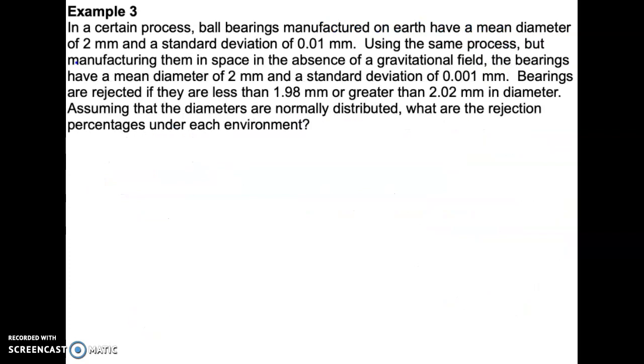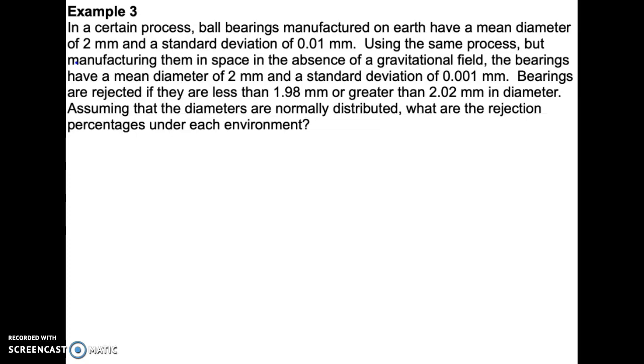So in our next question here, it says, in a certain process, ball bearings manufactured on Earth have a mean diameter of 2 millimeters and a standard deviation of 0.01 millimeters. Using the same process but manufacturing them in space, in general, in the absence of a gravitational field, the bearings have a mean diameter of 2 millimeters and a standard deviation of 0.001 millimeters.